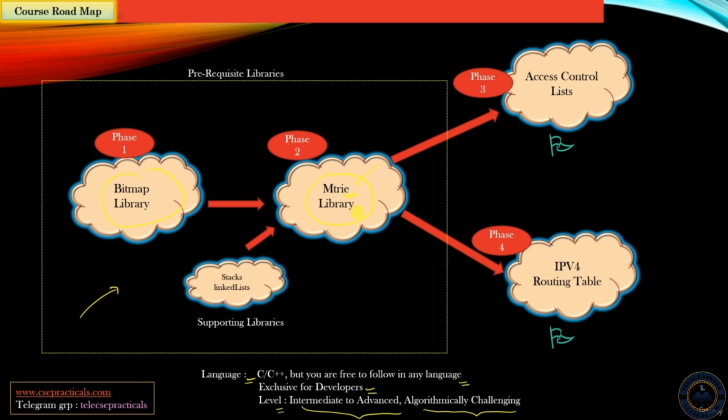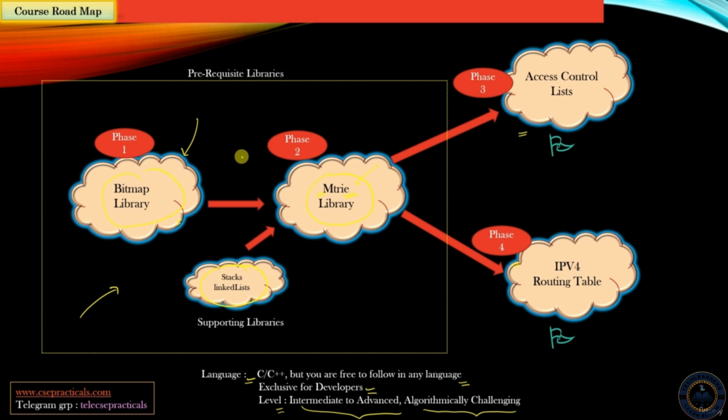In order to implement the mtrie data structure, we need supporting libraries or data structures such as stacks, linked lists, and bitmaps. Once we are done with the implementation of our mtrie data structure in phase 2, we can use it to implement the access control list as well as IPv4 routing tables. Alright, so this is the roadmap. First, we will implement the prerequisite library, which is the bitmap library.